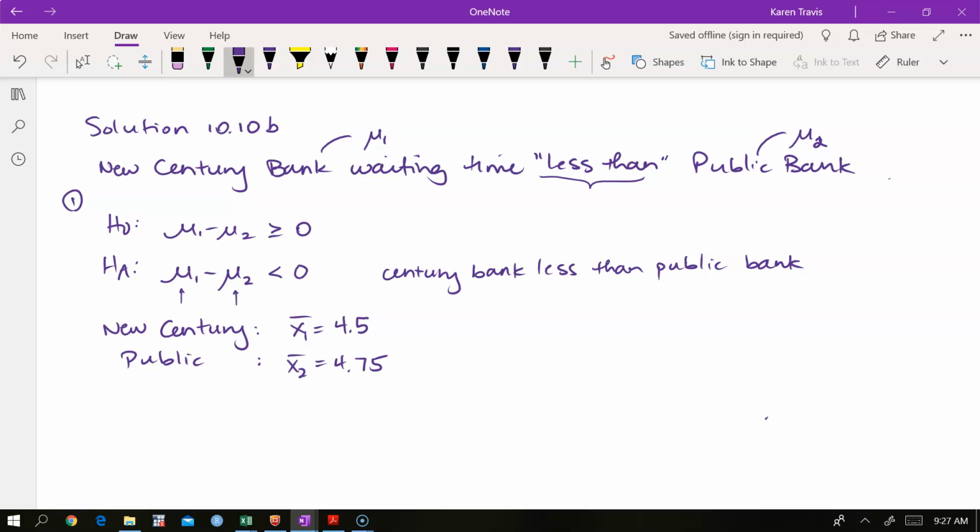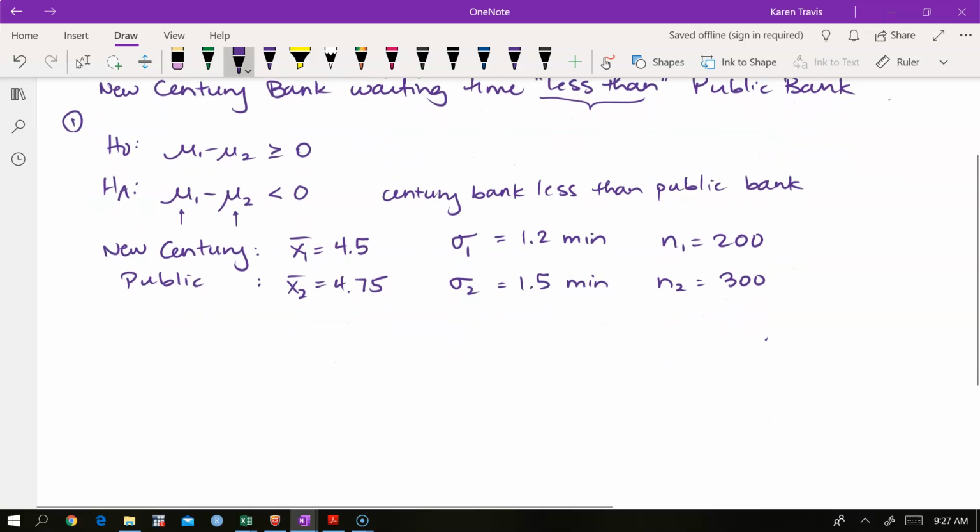We also find out that the population standard deviation at New Century Bank was 1.2 minutes. The population standard deviation at Public Bank was 1.5 minutes. And the sample size for New Century Bank was 200 customers, and for Public Bank, 300 customers. So that's the sample information.